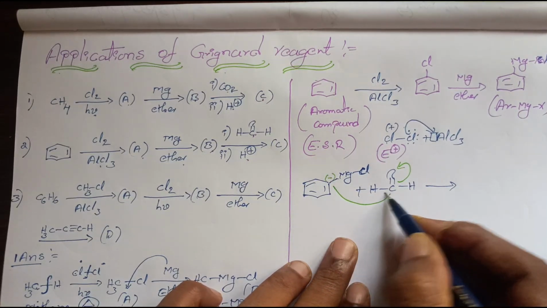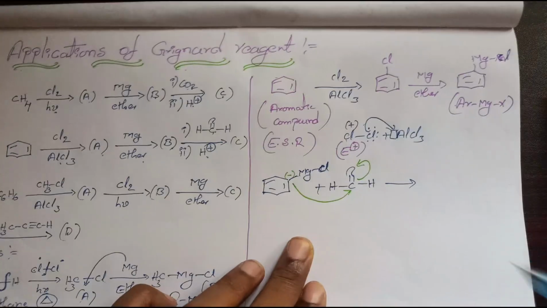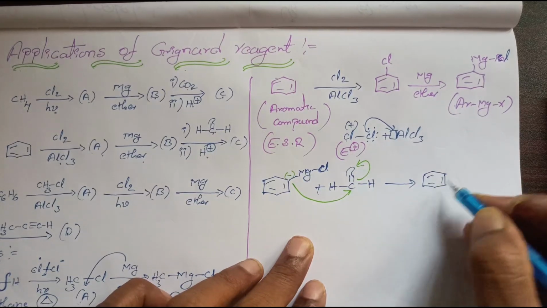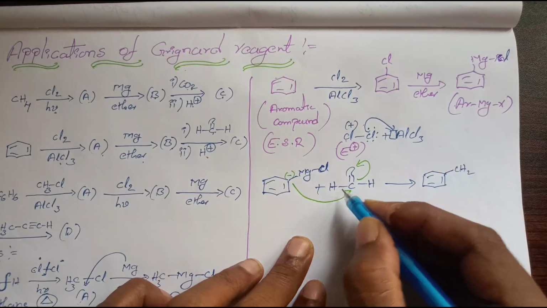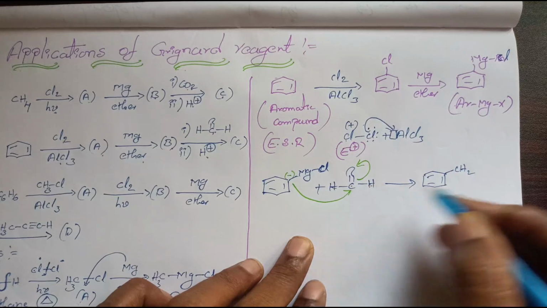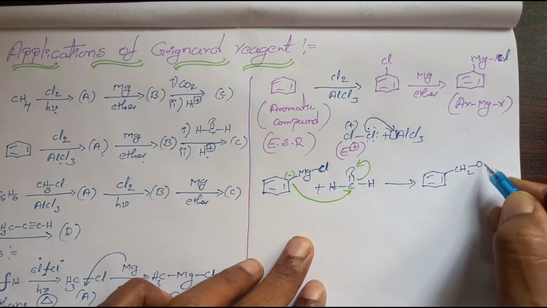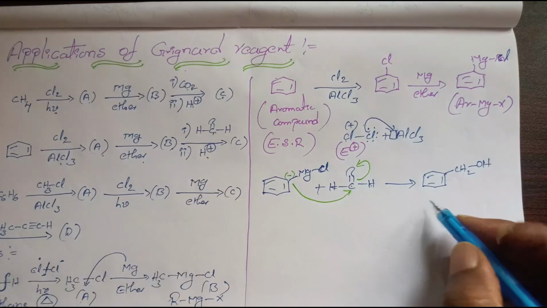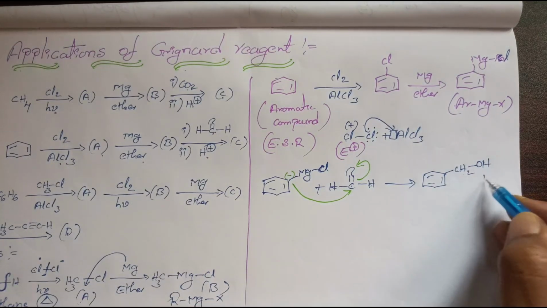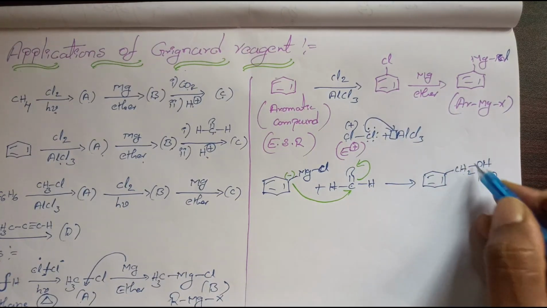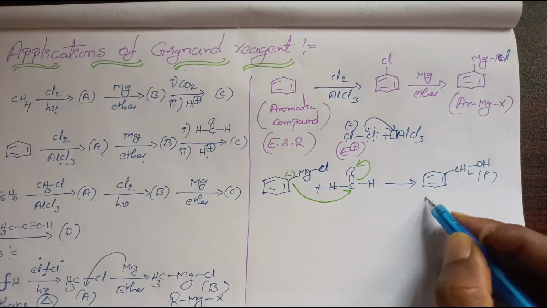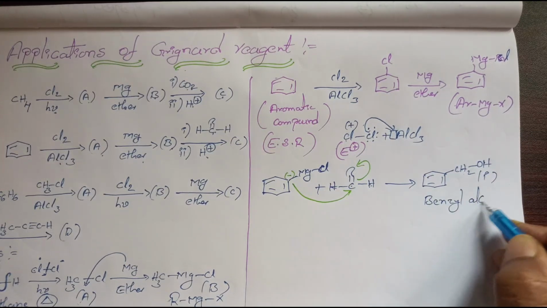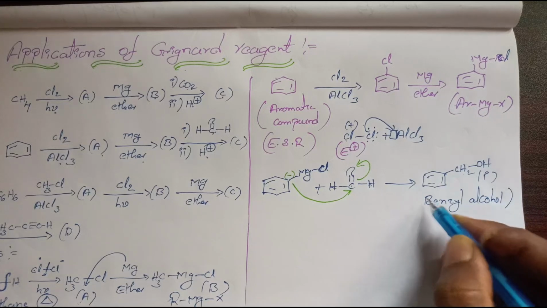The Grignard reagent acts as a nucleophile and attacks the electrophilic center. So what is the product? C6H5CH2O minus, and H plus ion comes in, giving CH2OH. What is that? Alcohol. Which alcohol is it? A primary alcohol. The actual name is benzyl alcohol, a primary alcohol.